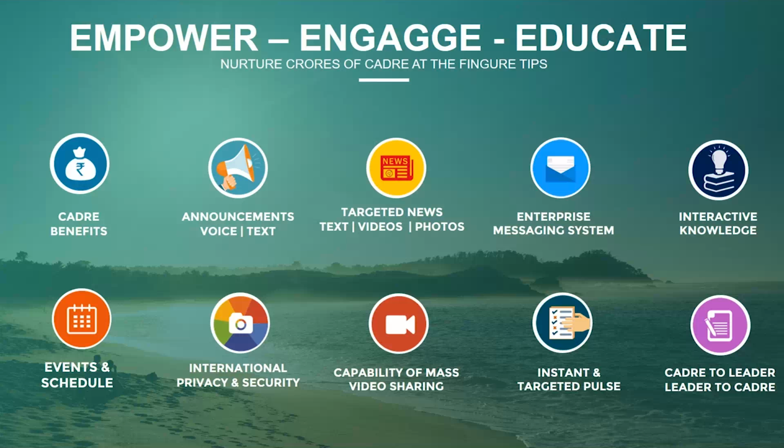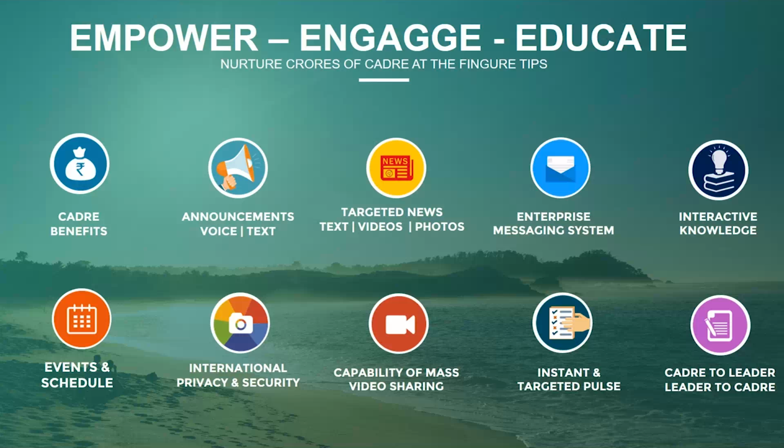Summarizing, Project 9 enables cadre to see their benefits, cadre to get their announcements in voice and text, cadre to get targeted news in text, videos, and photos, and also includes an enterprise messaging system, interactive knowledge games, events and schedule information about the party at local, district, state, and national level, international, privacy and security controls, capability of mass video sharing that you had seen, instant and targeted pulse, cadre to leader, leader to cadre.